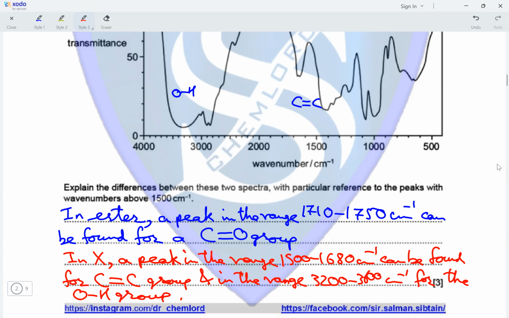So we have 2 peaks here, C=C and OH, and a peak C=O in the ester. That's how we can differentiate between compound X and the ester.